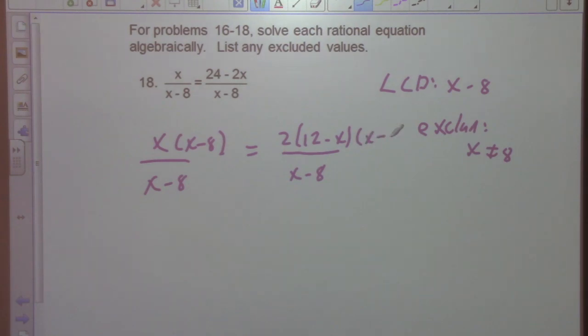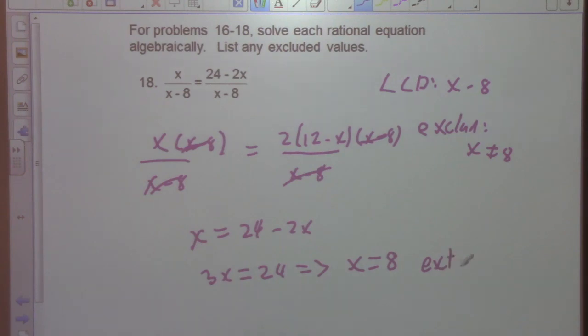What happens here? Nothing. Cancels out. So we get x equals 24 minus 2x. So as we add, we get 3x is equal to 24. So x is equal to what? X is equal to 8. Is that a value? It cannot be, right? So this is an extraneous solution.